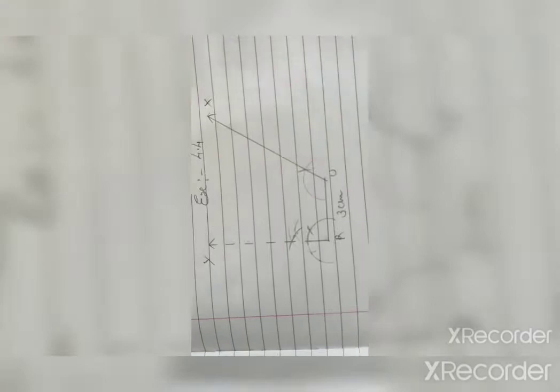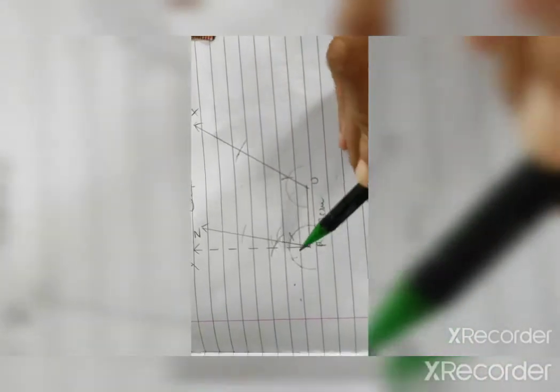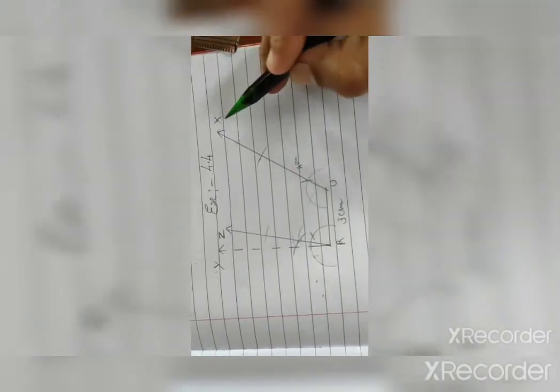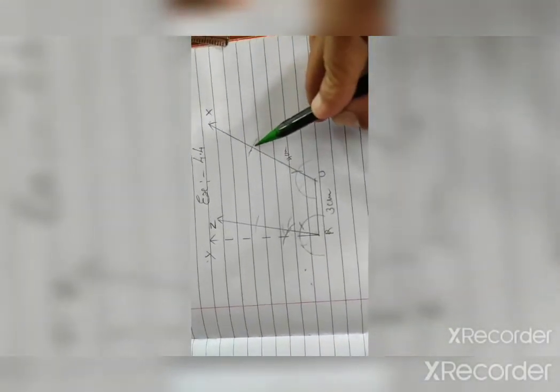Because 60 is here, this is 30, so half of 30 gives 75 degrees. Now we will join this intersecting point and draw a ray RZ. Now with U as a center, taking 4 centimeter radius, draw an arc on ray UX. So we will get the point.